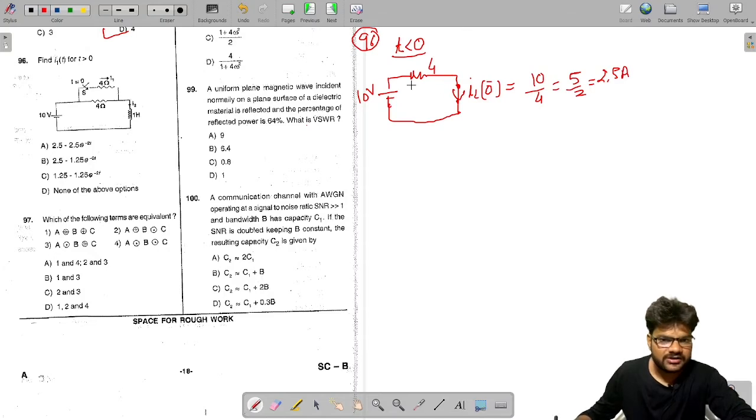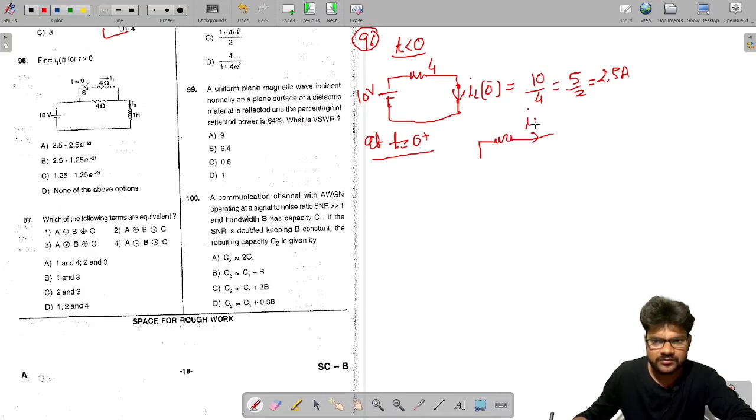So this is the inductor current, and let us make the circuit now at t equals 0 plus. That is at 0 you will be making this switch on. Then one more 4 ohm will come into the picture, and the current flowing in this 4 ohm is i1. And we know at t equals 0 plus, the inductor will be replaced by its initial current source of 2.5 ampere, and a battery of 10 volt is connected here. Now we have to find this i1.